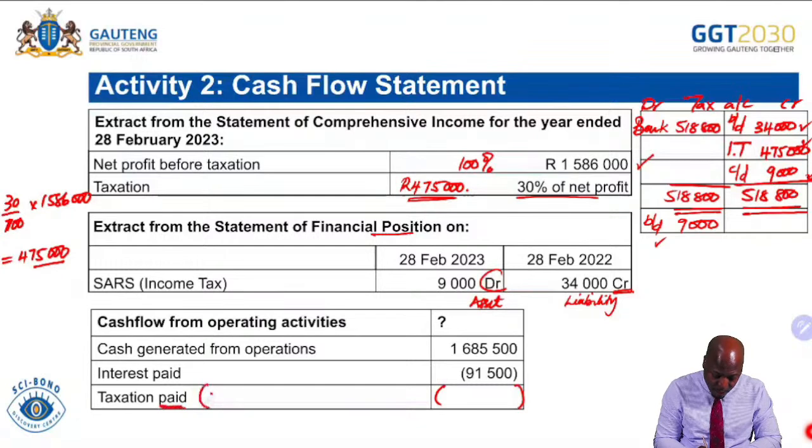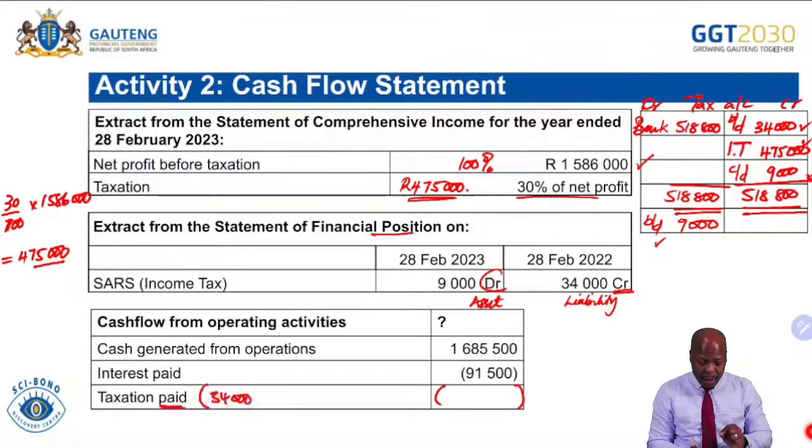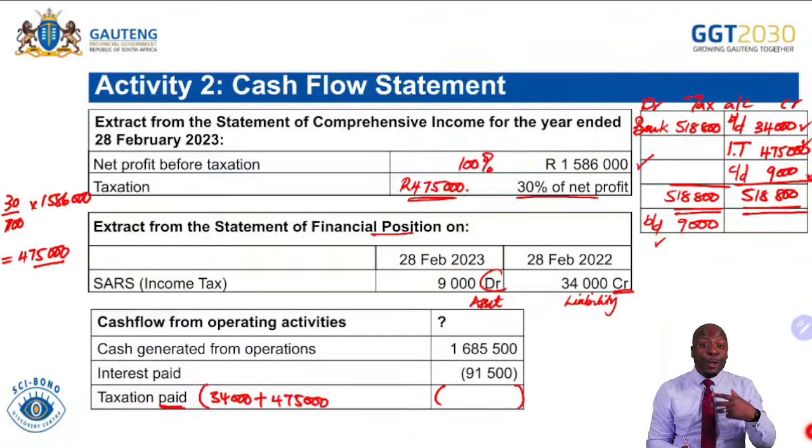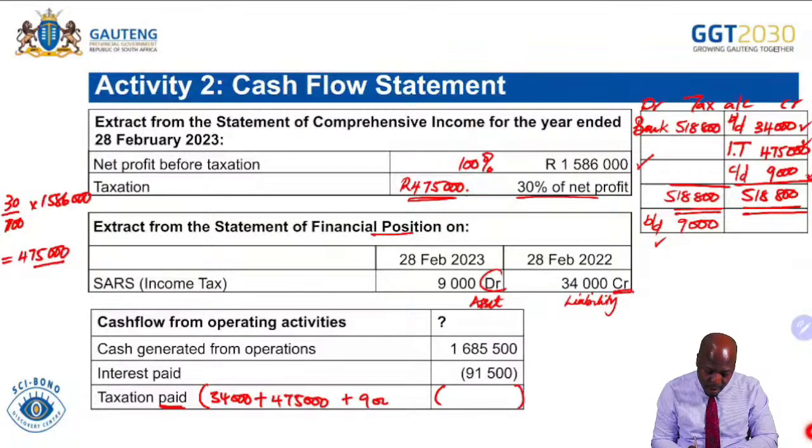So I'm bringing my 34,000 here. Whatever we're owing, that means it was what? Paid. And then we have income tax that we should pay, which is 475,000. And we have paid more such that at the end of the year, SARS now owes us plus 9,000.